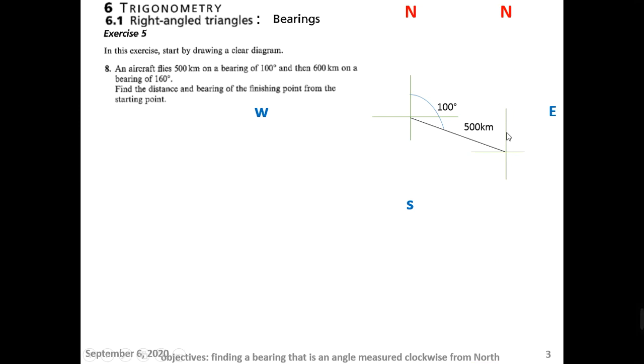Again, you place the compass at the origin, aligned with your y-axis, and you measure the 160 degrees as following. So you know where to draw the line, and the length of the line is 600 kilometers. So this is my bearing of 160, and this is the line of 600 kilometers. So this is my starting point, this is my ending point.